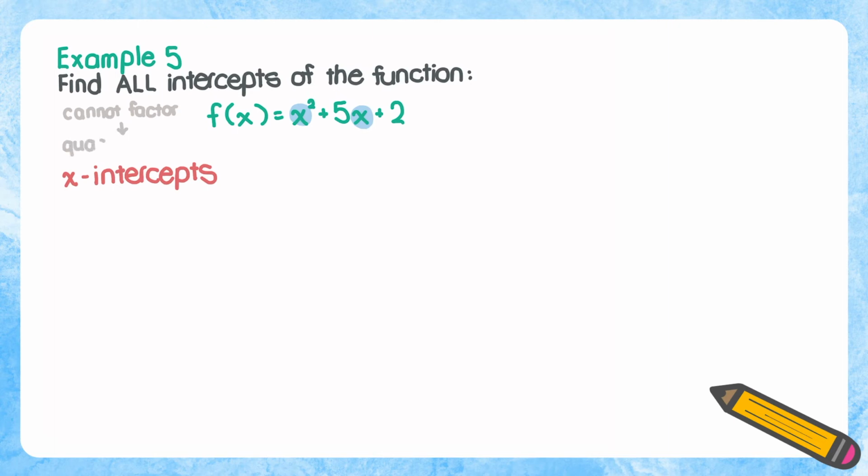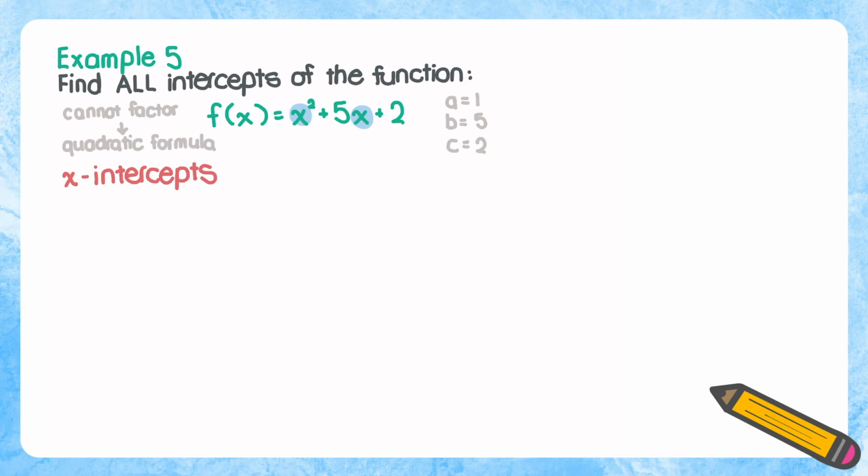Well, don't be afraid, you can just use the quadratic formula. And in order to use the quadratic formula, we have to identify our a, b, and c values of this function. So a equals 1, b equals 5, and c equals 2.